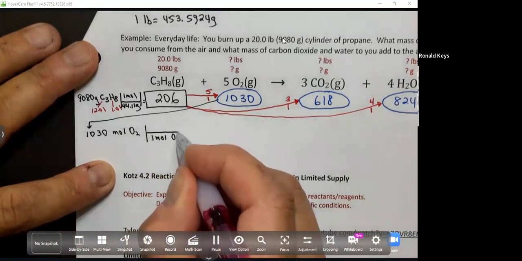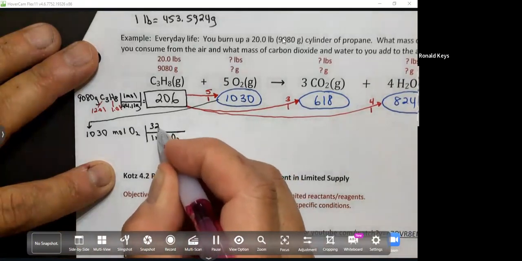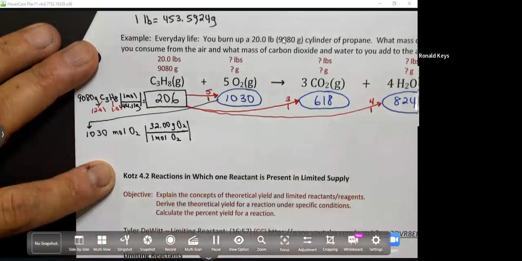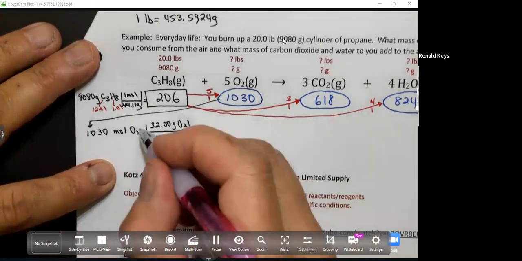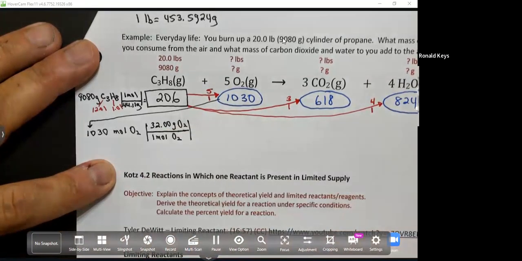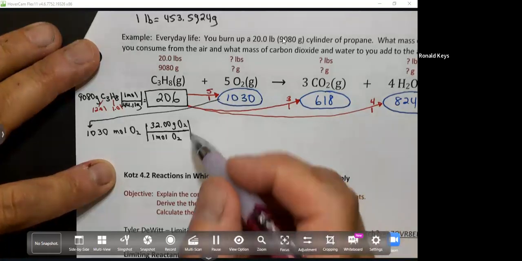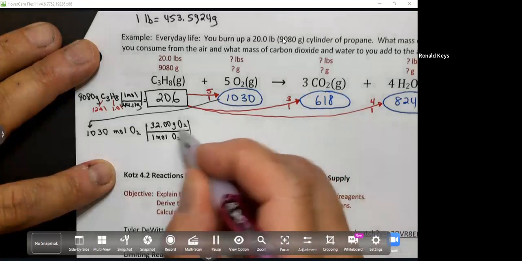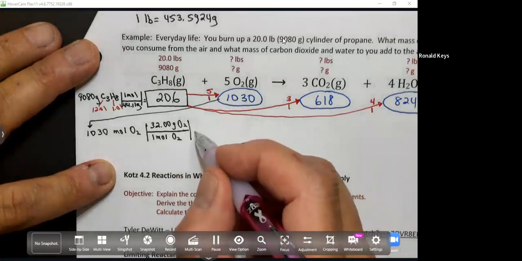One mole of O2, 32 grams of O2. So we could get grams out of this, but let's do our last step. You could stop right there to get grams. Let's actually go to pounds.